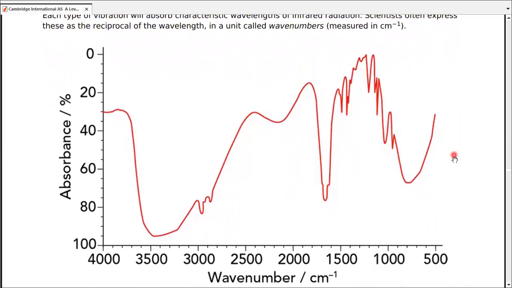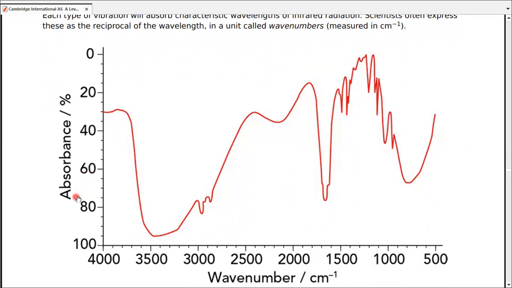Now, take a look at this. If you look at the x-axis of this graph, you would see the wave numbers in per centimeter units, and those go from 500 all the way up to 4,000.